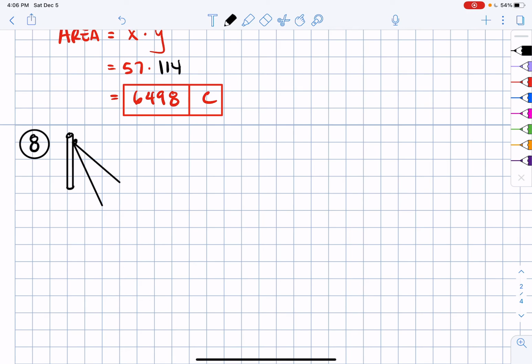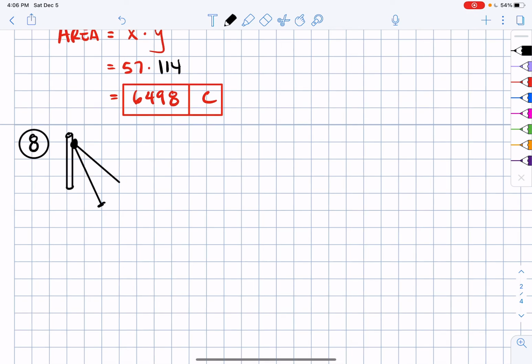Okay, so that's what you're going to have. So you're going to have this stake down and this stake down.